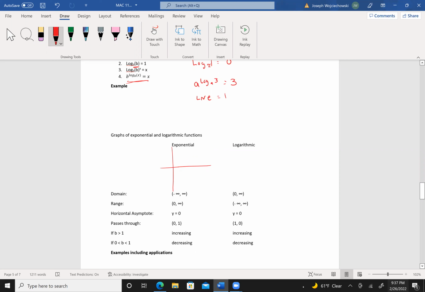We're talking exponential function, and we're looking at y equals 2 to the x.